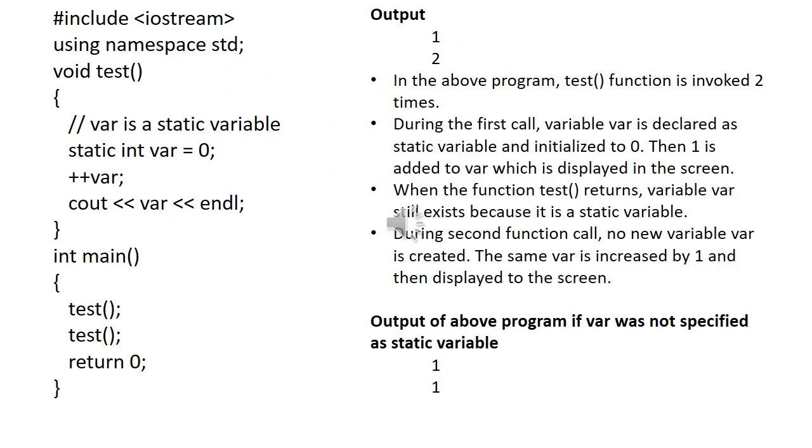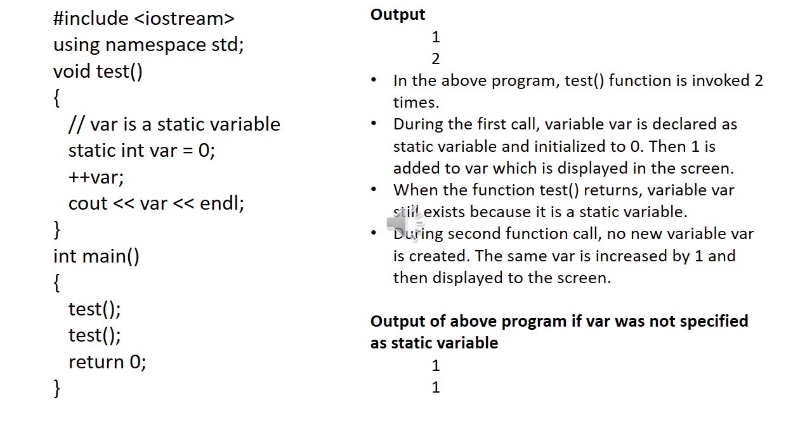This example will give you a clear idea about how a static local variable works. Here in this example, I have used two functions, testof and mainof. Inside testof function, I have declared a variable var as a static local variable.